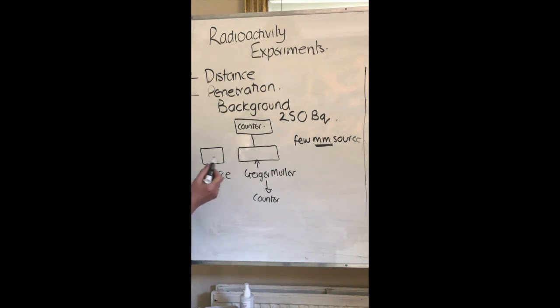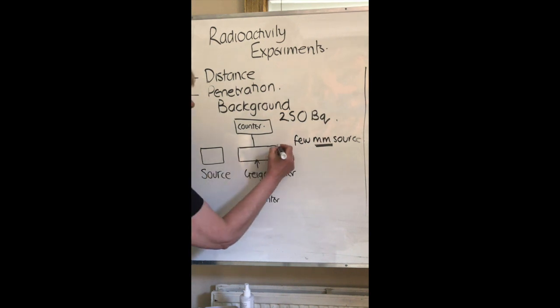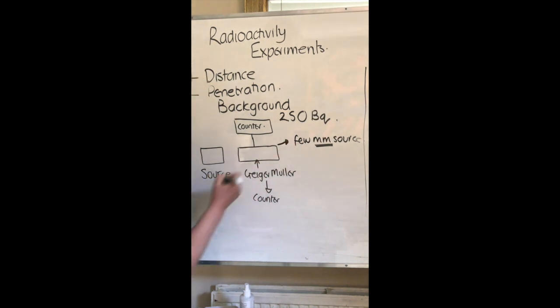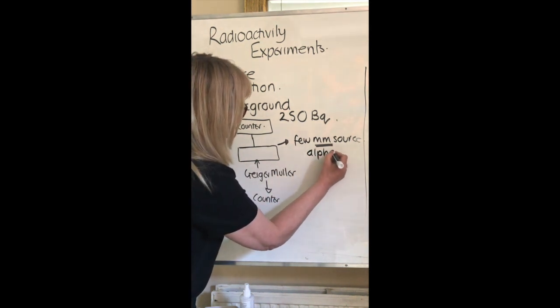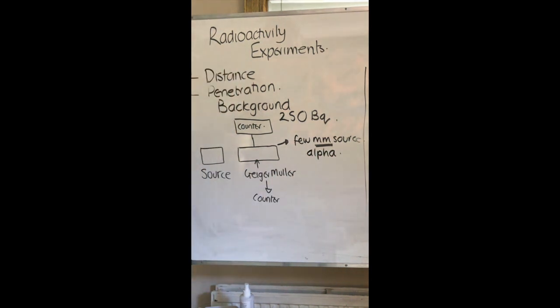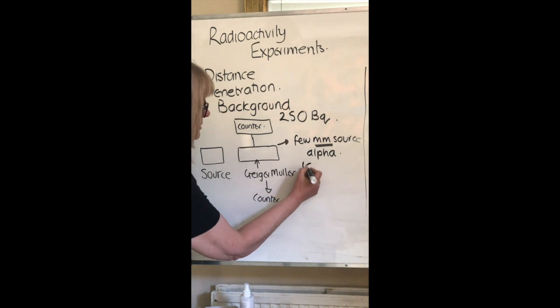So we know that if we put our Geiger-Müller tube a few millimetres from the source and our radioactivity is lost, our count goes back to background, then we know we've got alpha radiation in that source. So let's imagine that at the source we had 1,000 counts.